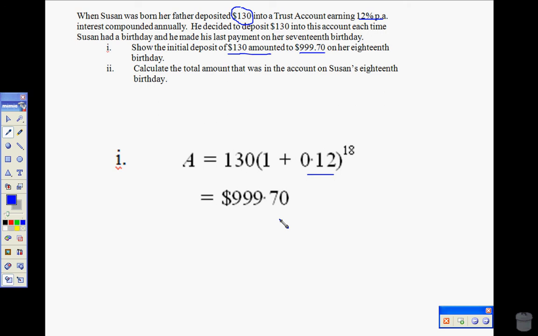So part two wants us to see, well, what happens if he does that every year? So at her first birthday, he's going to deposit $130, but that's only going to get interest for 17 years, and the amount that he puts in for her second birthday is only going to get 16 years interest on it. For a third birthday, and so on, up until the 17th birthday, where it's only going to get 1 year's interest on it.